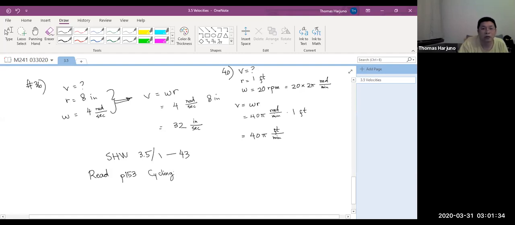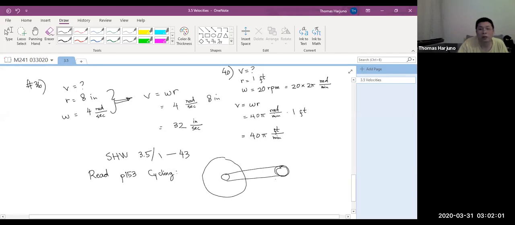But there you need to imagine a bicycle where they have the rear wheel, and we have the sprocket. I'm sorry, this is the sprocket here. And then we have the chain ring. This is the chain.